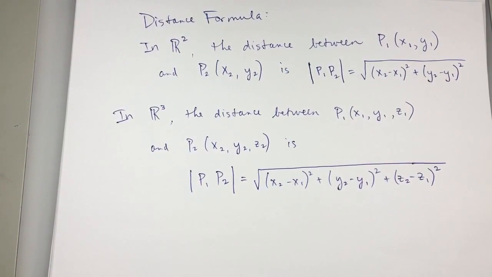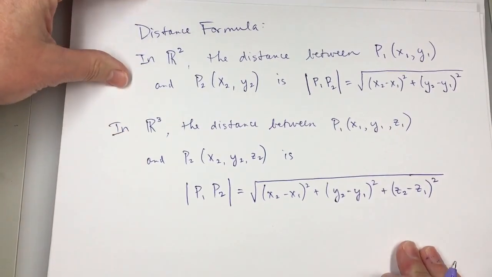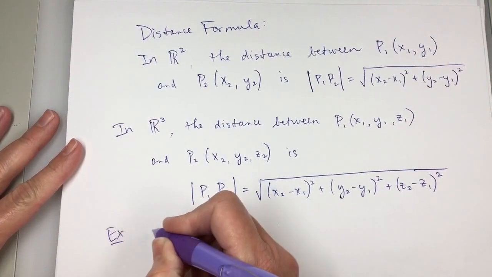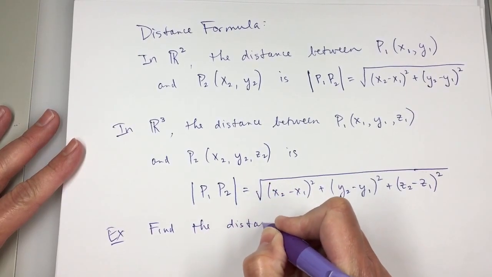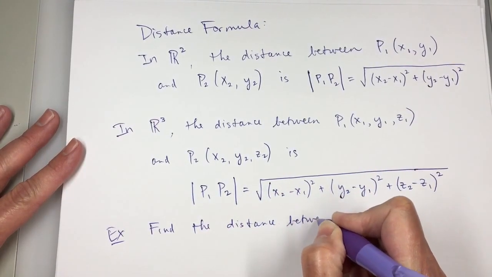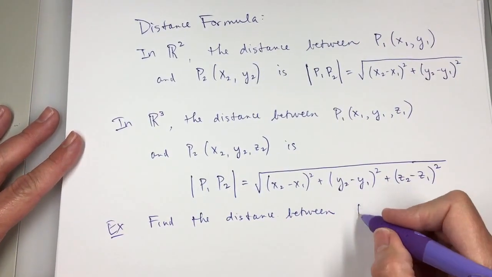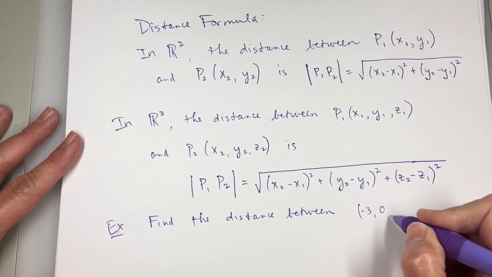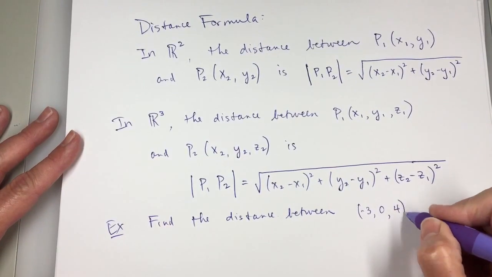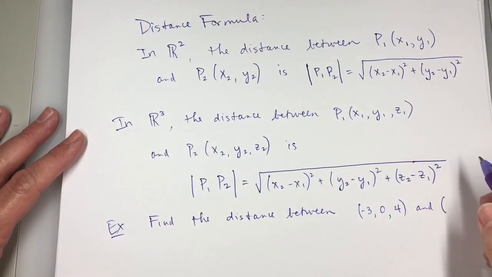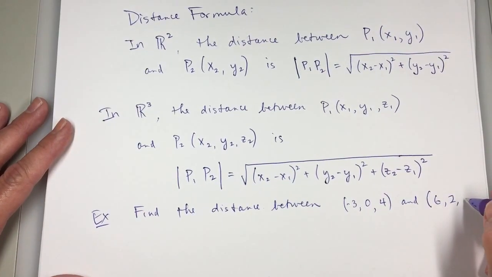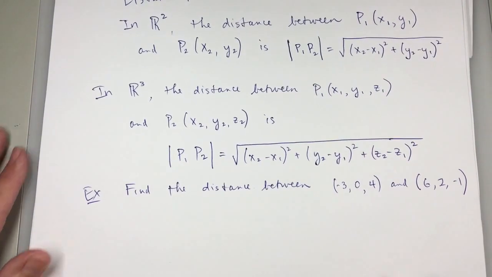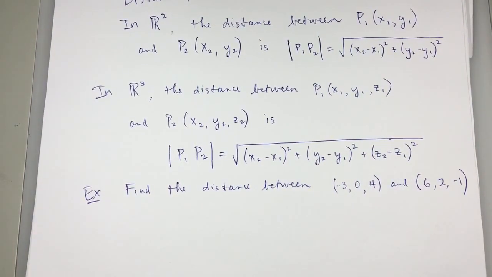I want to find the distance between these 2 points: -3, 0, 4, and 6, 2, -1. So you just plug it into the distance formula.